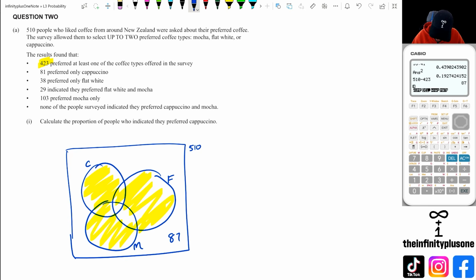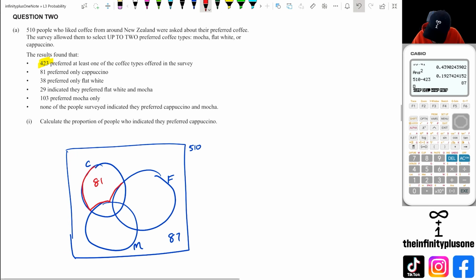So 87 is the outside area. Now it says 81 preferred only cappuccino. That is this part here, all of these people who preferred only cappuccino, which is that zone. So that's 81 there.